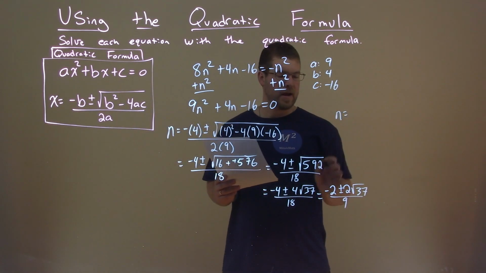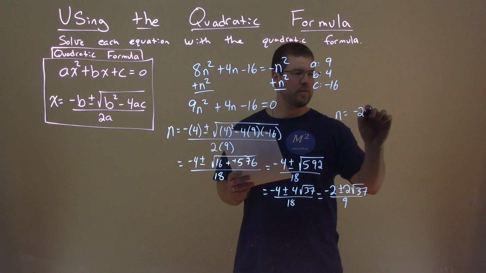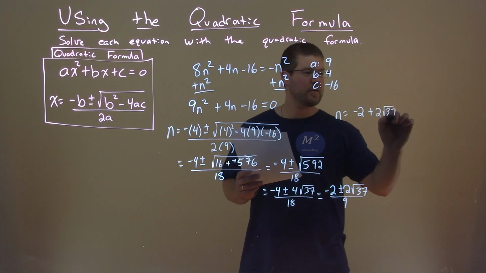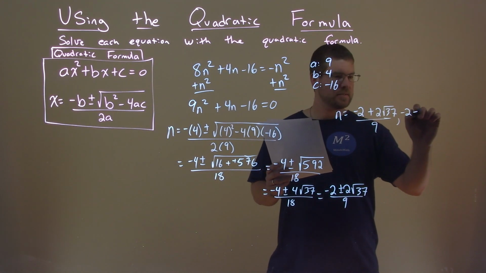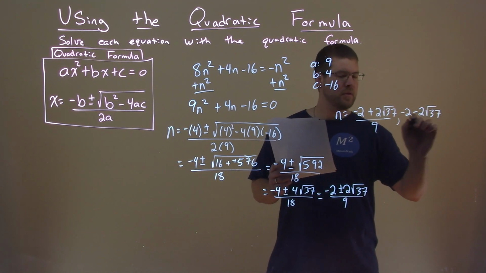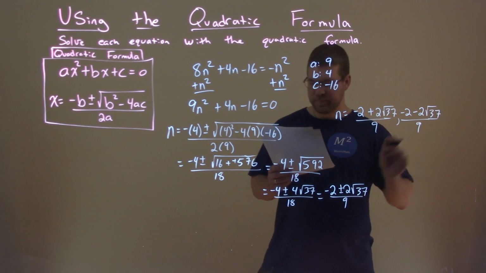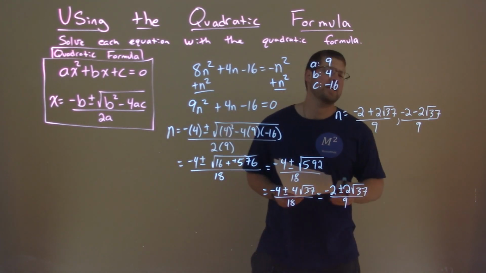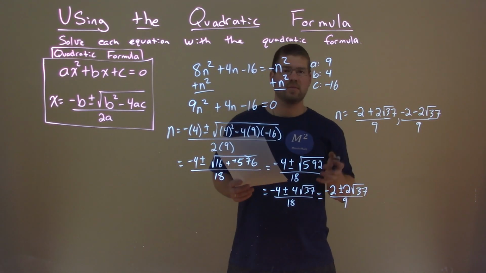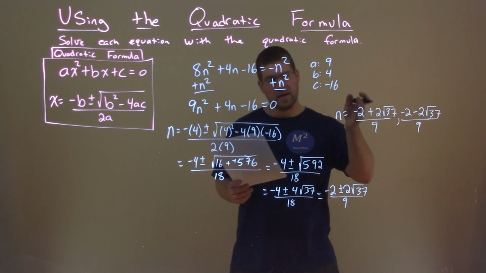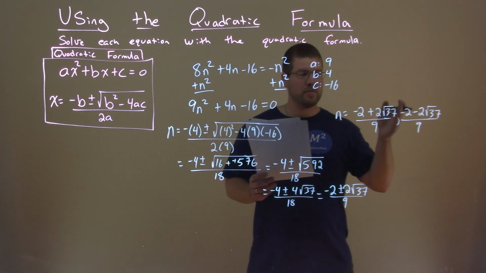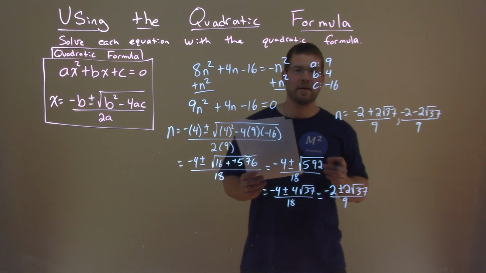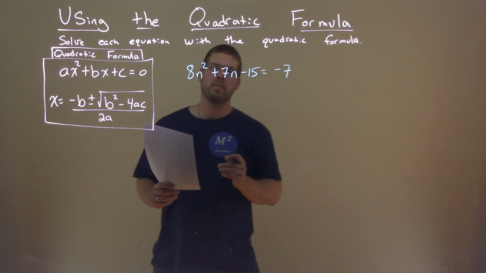So let's separate that out. We have negative 2 plus 2 square root of 37 over 9, and negative 2 minus 2 square root of 37 over 9. And we actually can't simplify this anymore, so this is our final answer. N equals negative 2 plus 2 square root of 37 over 9, and negative 2 minus 2 square root of 37 over 9.